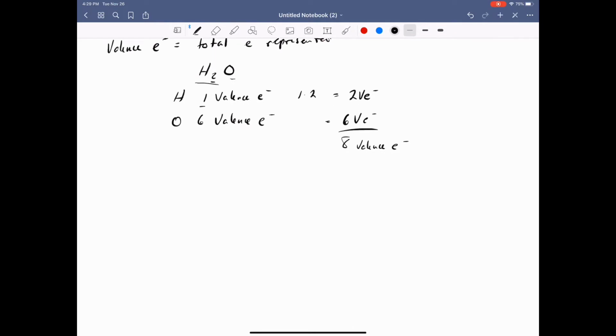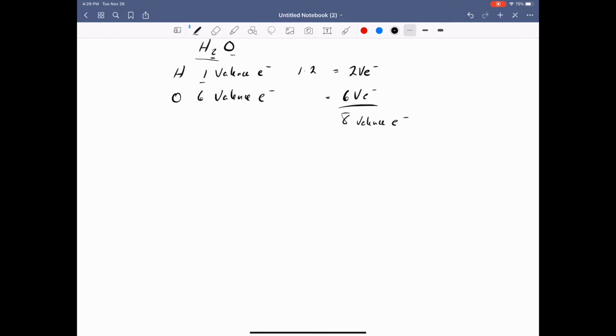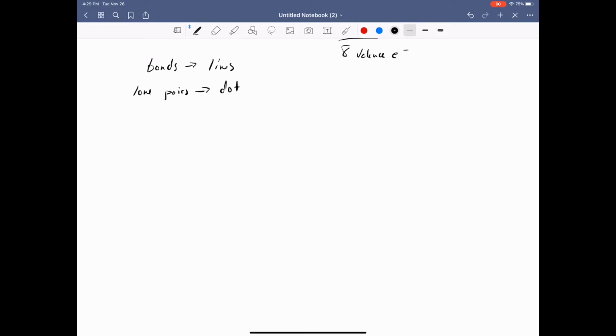Another thing that would be worth writing down is that bonds are represented by lines, and lone pairs are represented by dots. And when writing these, the easiest first step is number 1, the skeleton, and then second, the electrons.